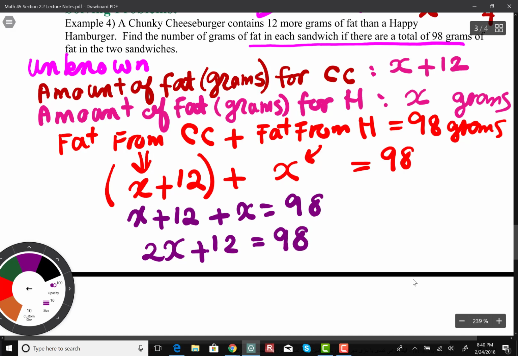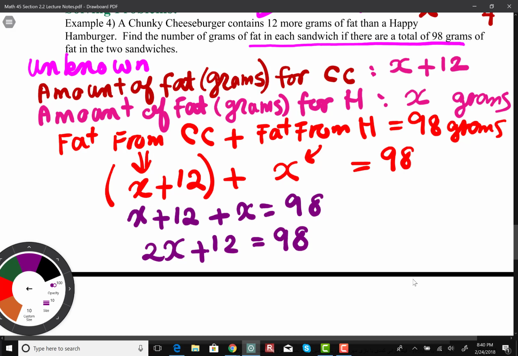And again, we're moving to the next step, that we're using addition property. Always use addition property first before you do multiplication property, because it makes it much easier.